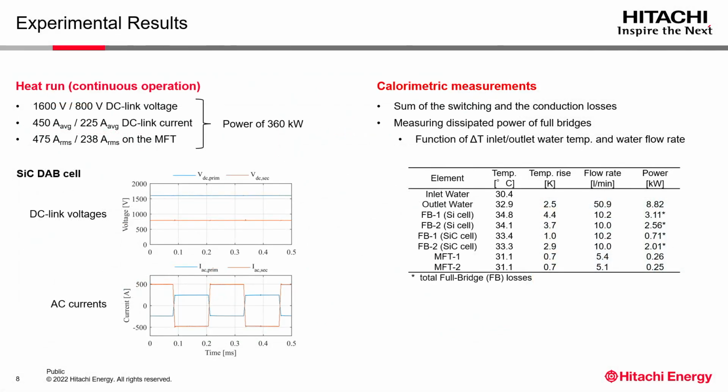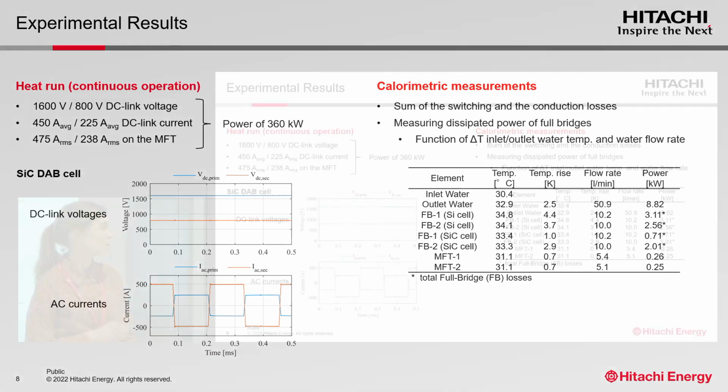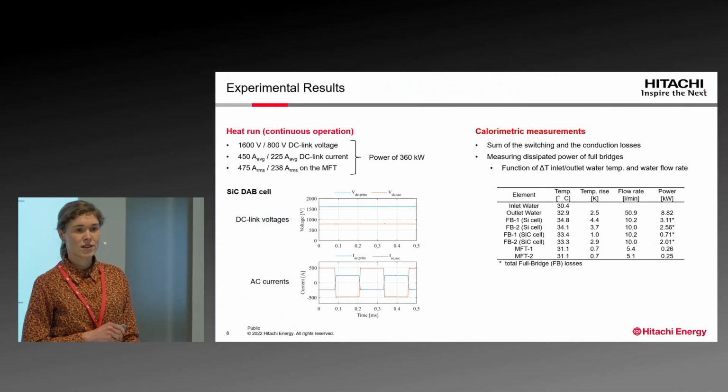Here now are the experimental results in terms of electric measurement and calorimetric measurements. I have to say, for this hybrid operation with the silicon carbide and silicon IGBTs, we had to reduce a bit from the maximum power because the silicon IGBTs would get else too hot.